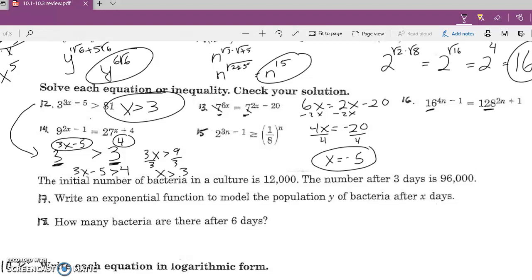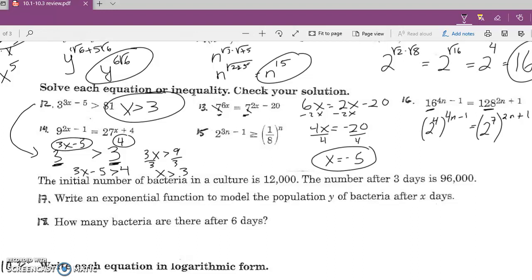For example, 16 is 2 to the 4th, to the 4n minus 1, and 128 is 2 to the 7th power, to the 2n plus 1. Sometimes you need a calculator to help you figure that out. So now I have a base of 2 on both sides, but you see how I did that? You always have to be thinking of how can I get the base to be the same on both sides.